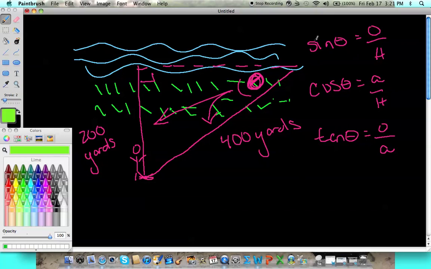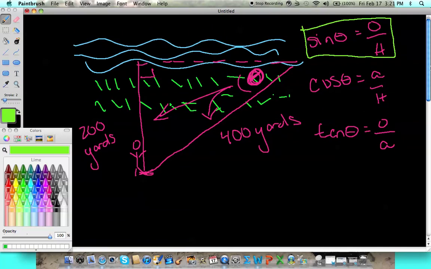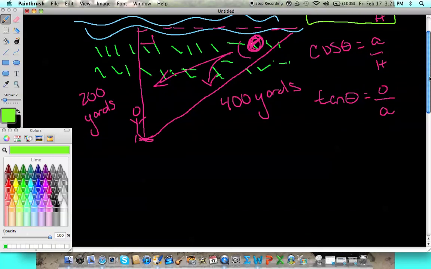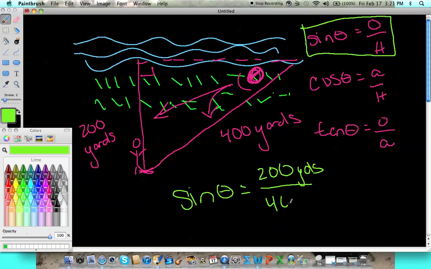And if you guessed sine, you're right. So I know that the sine of an angle creates an opposite over hypotenuse ratio, and in this case it's 200 yards over 400 yards.